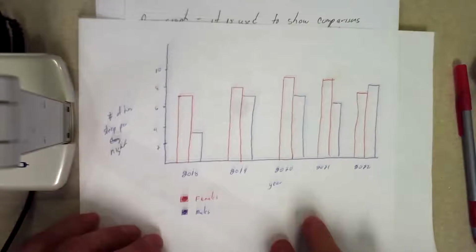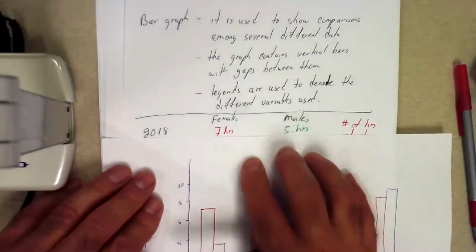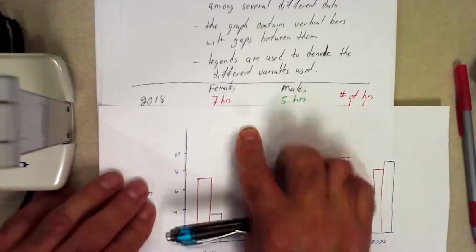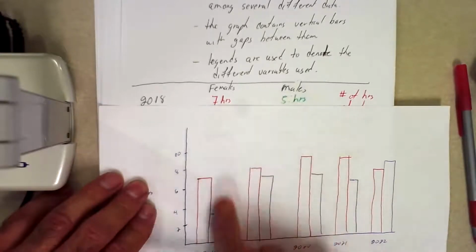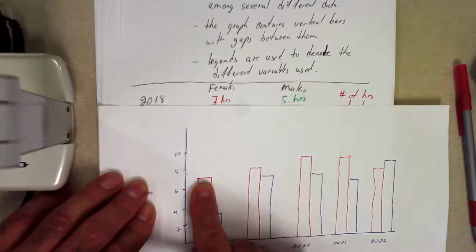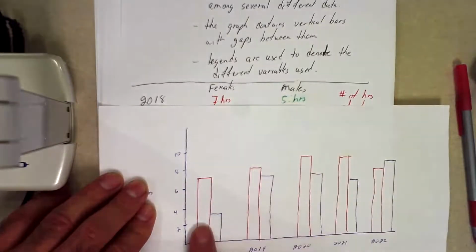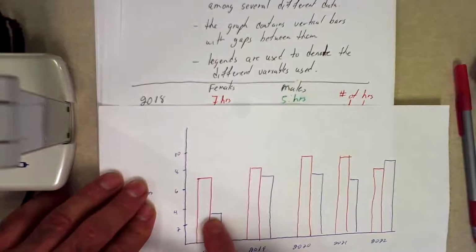And so you go back to your data and you start with 2018, right? And so females, you draw your red bar and it goes up to 7. Yeah, more or less, it goes up to 7. Males, it is 5. So, close enough. Well, it's not 5. That's not 5.